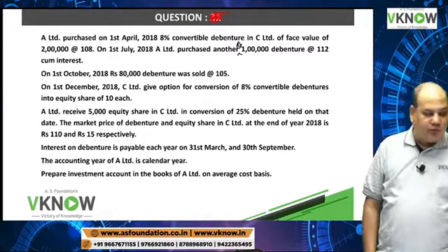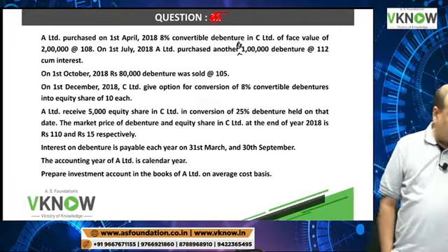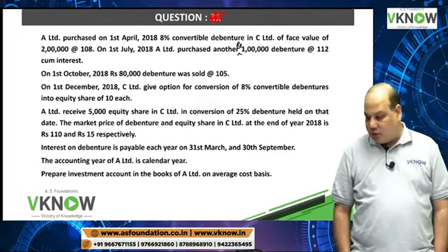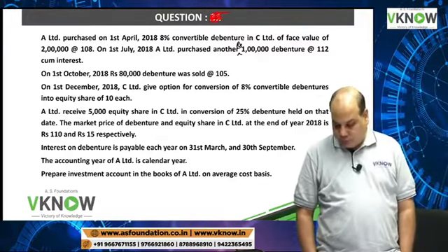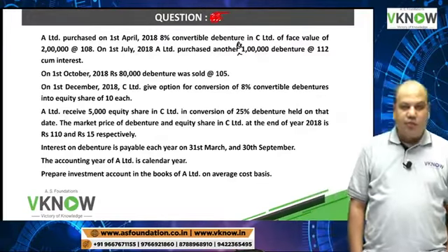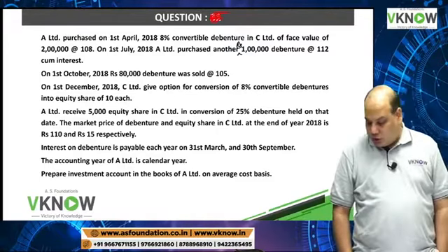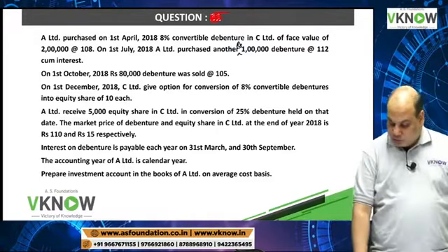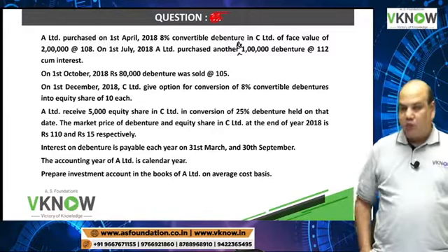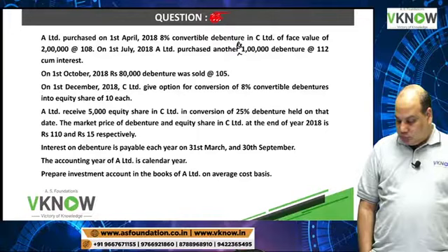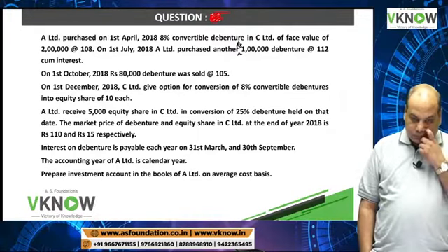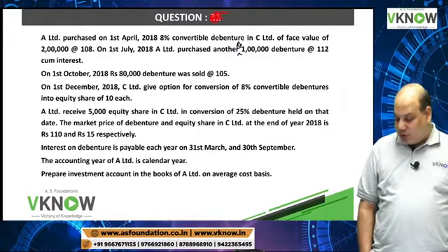Interest on debenture is payable each year on 31st March and 30th September. The accounting year of A Limited is calendar year. Underline calendar year.